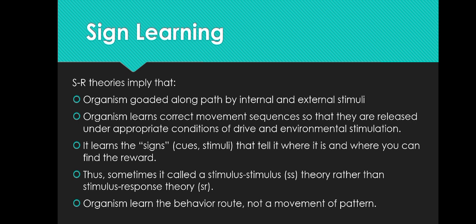The signs can be any stimulus that tells where it is and where we can find the reward. There are many signs that we can find inside the classroom, and this is called sign learning. For example, the grades can be an example of a reward, and the prizes are also examples of rewards.